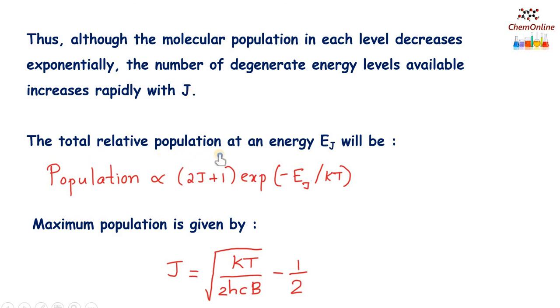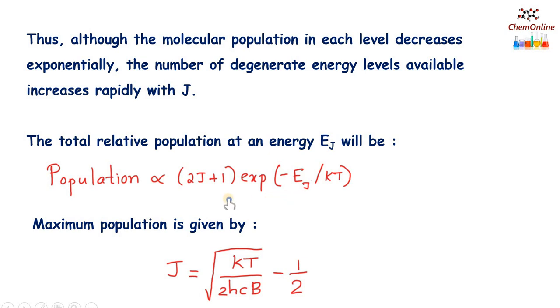So the total relative population at an energy Ej will be proportional to 2j plus 1, which is the degree of degeneracy, times exponential minus Ej by kT.